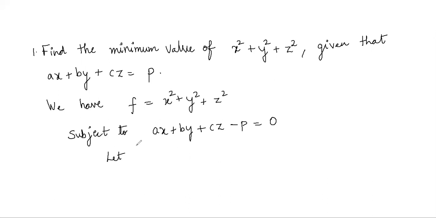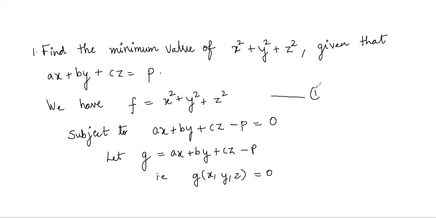Let g is equal to ax plus by plus cz minus p, that is g, which is a function of x, y, z, equal to 0. So let us name this as equation 1 and this as equation 2. Now let us define the function h.